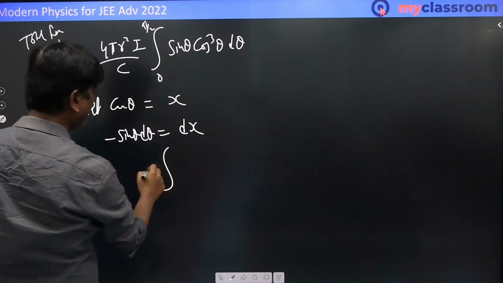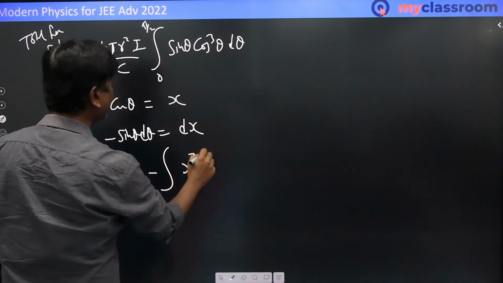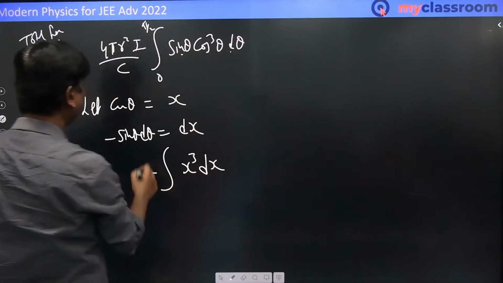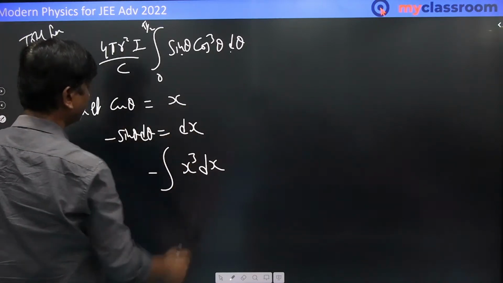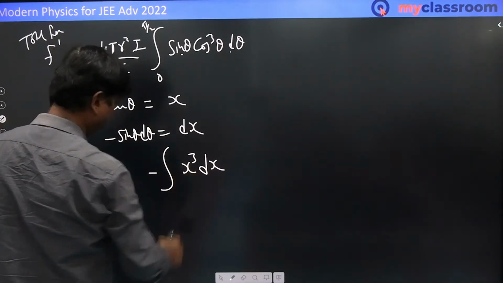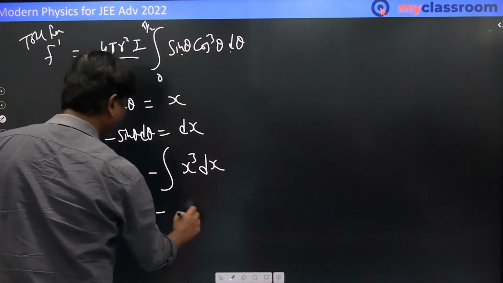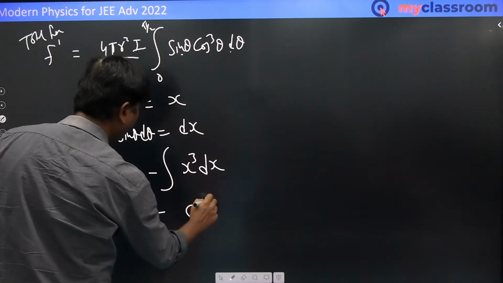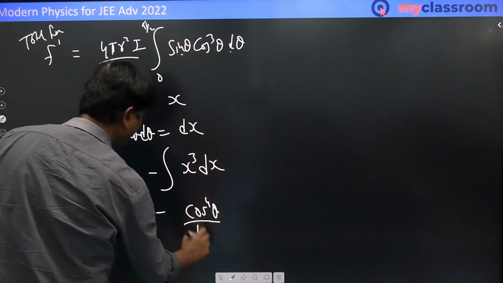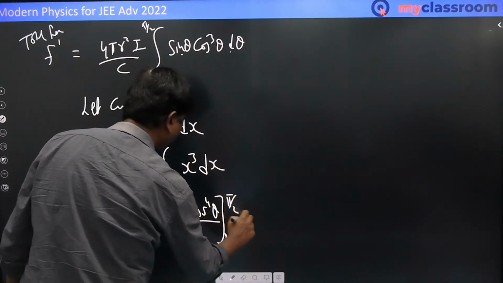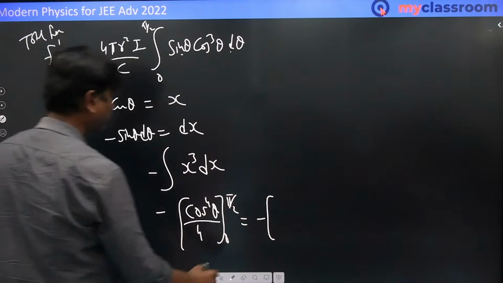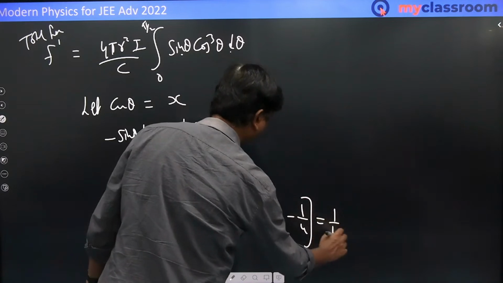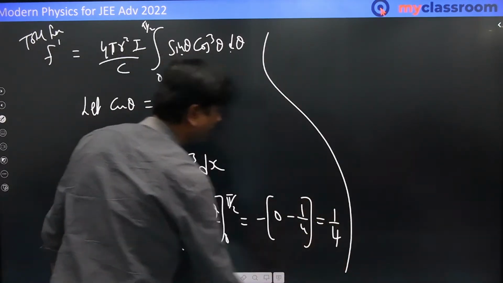So minus x cube dx, which is nothing but minus of x power 4 by 4, where x is cos theta. So cos power 4 theta by 4, substitute the limits 0 to pi by 2. First you substitute pi by 2, so 0, minus, then you substitute 0, minus 1 by 4, so equal to 1 by 4. So that integration will give you 1 by 4.